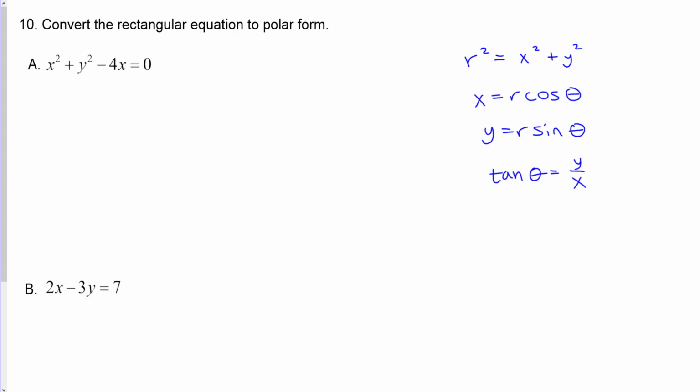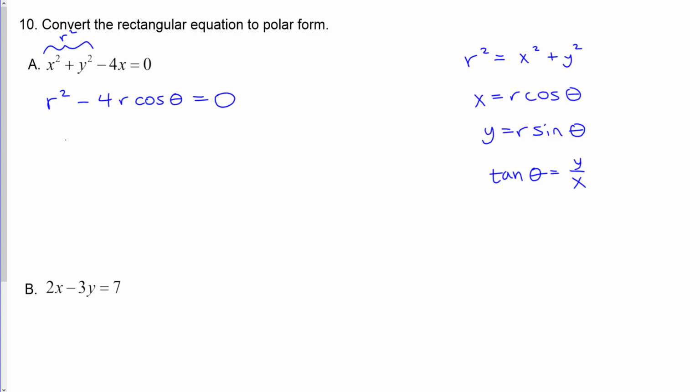Okay, so I can replace x squared plus y squared with r squared. And anytime I see x, I can change it into r cosine theta, which now makes it a polar form. To make it simplified, I should get the r by itself.